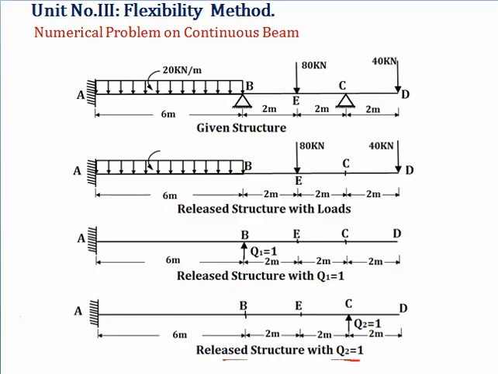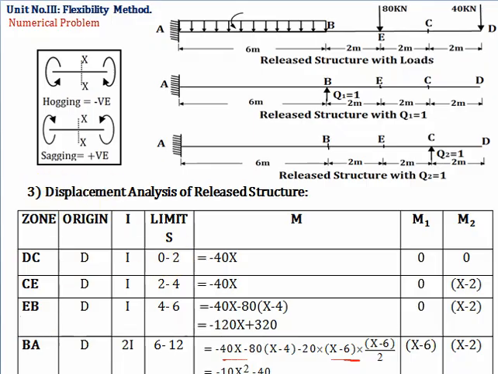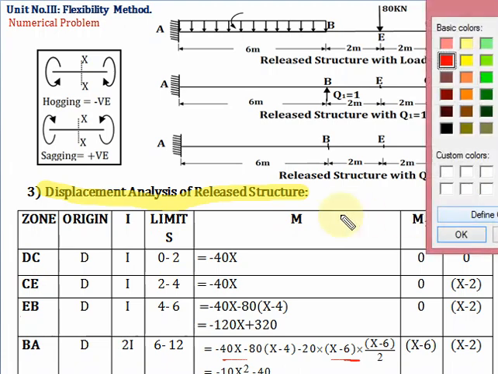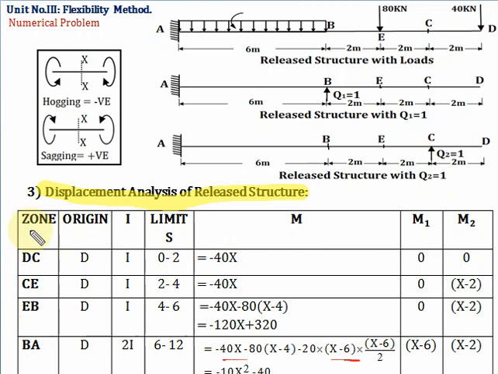In the next figure, we are going to find out the displacement analysis of a release structure. Already you have seen this figure. Now if you see this table, the first column is the zone, second is the origin, third one is the moment of inertia, then limits, then bending moment in the release structure with load.